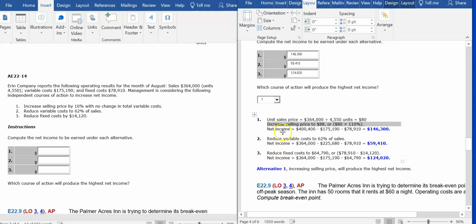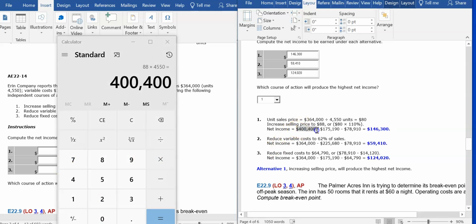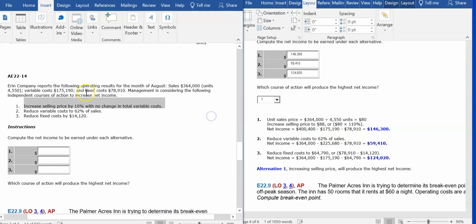Let's take a look at our new net income. Our new net income would be this new selling price of $88 times 4,550 units, 400,400 in revenues. Variable cost would be $175,190.